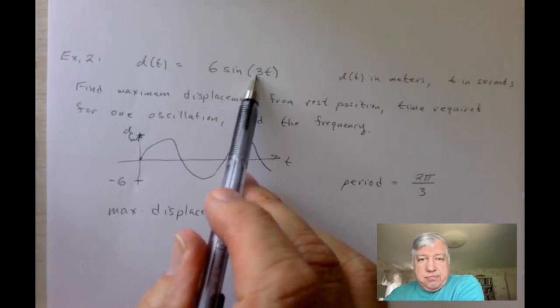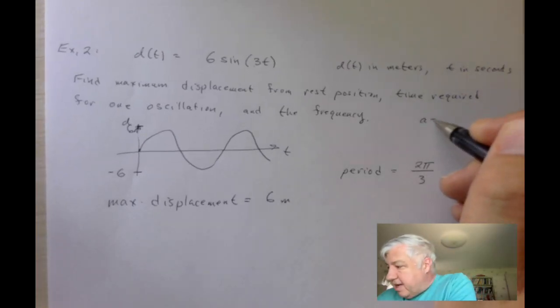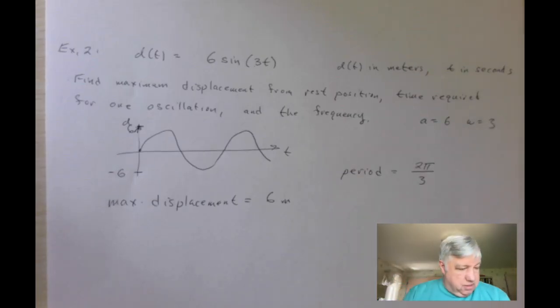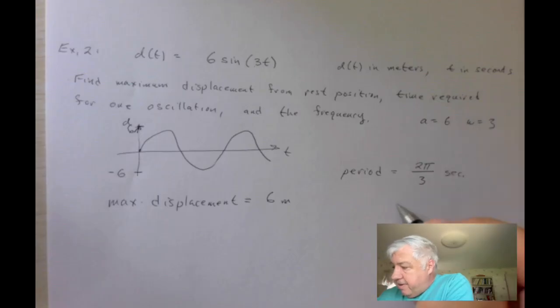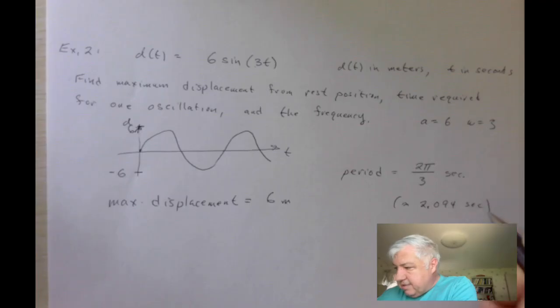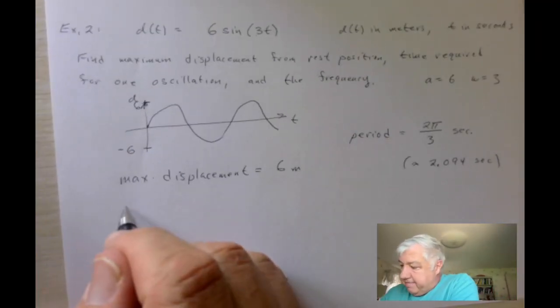So omega is 3 in this case. Maybe I should somewhere say a equals 6, and omega is 3 here. This is in seconds, and approximately, just in case you're curious, it's a little more than 2 seconds. That's the period.